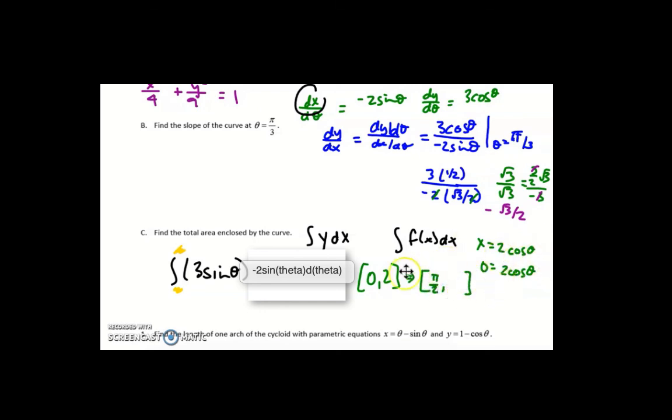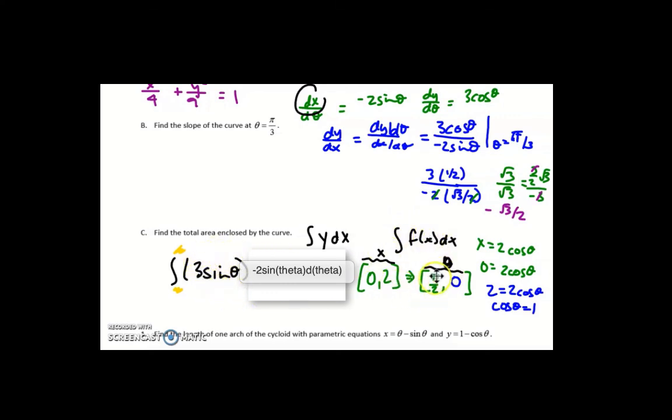Need to do the same thing for this x value. X equals 2 cosine theta, so 2 equals 2 cosine theta. Cosine theta equals 1. Where is cosine equal to 1? At theta equals 0. So what we just did was we transformed x values into theta values so that we can transition from our traditional area in terms of x to our new area in terms of theta.